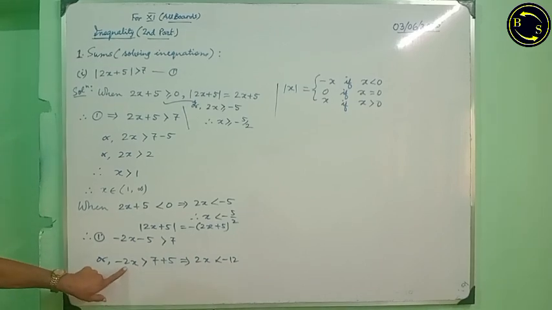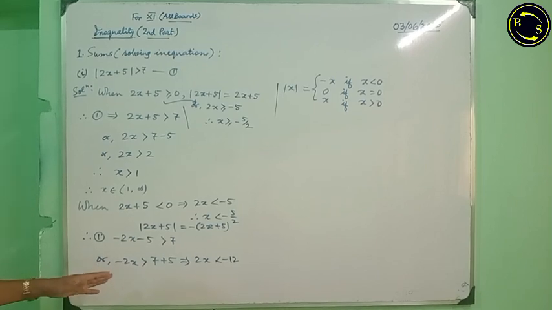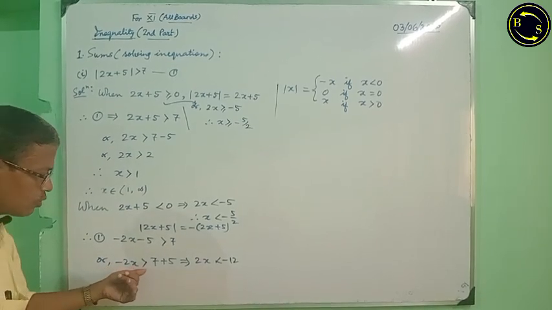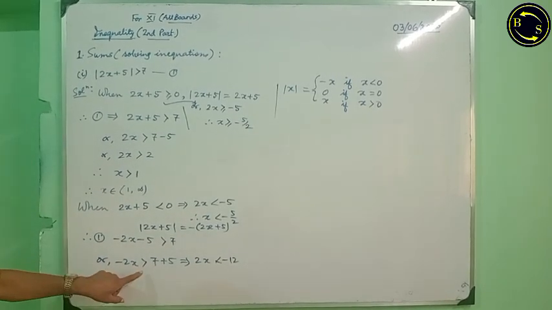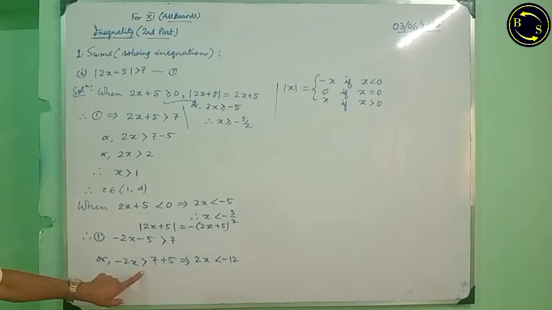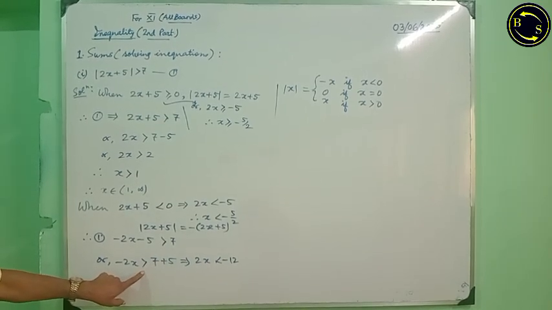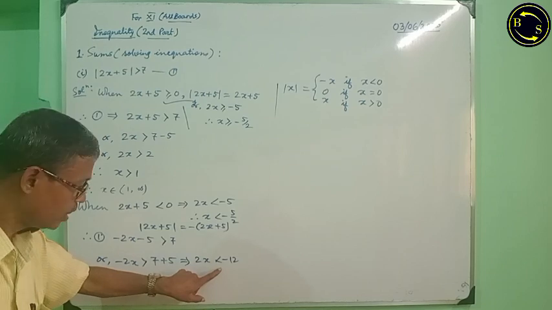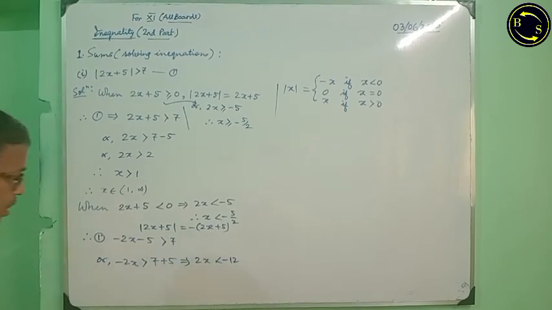Here minus 2x greater than 12. Now we want to make plus 2x. For that we have to multiply by minus 1, and when we are multiplying by negative number, then the inequation symbol will be reversed. That is why 2x less than minus 12.